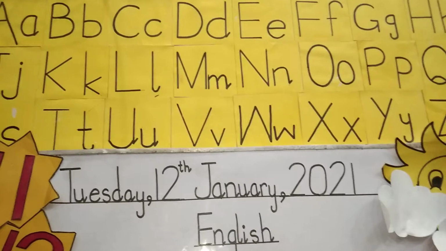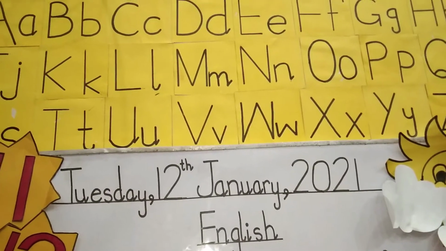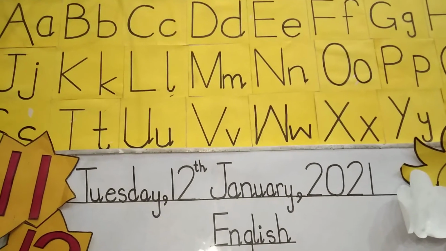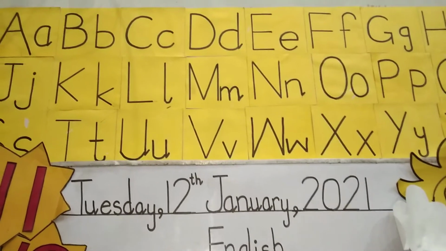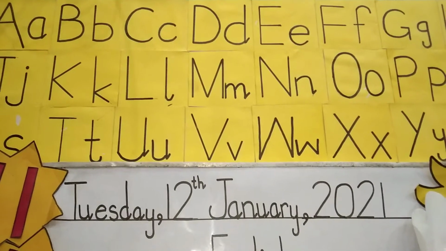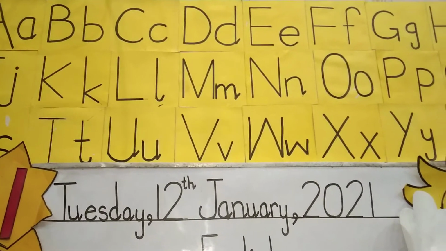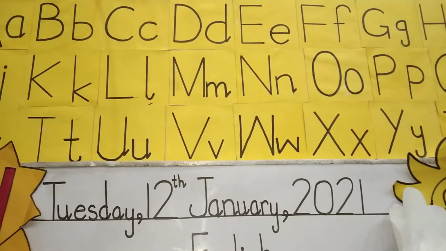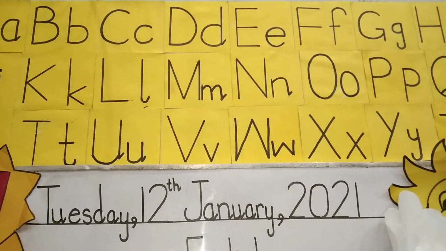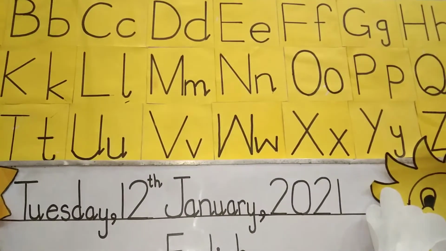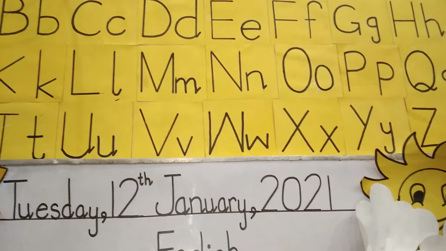Okay, now start phonic sound. A is for apple, apple. B is for ball, ball. C is for cat, cat. D is for dog, dog. E is for elephant, elephant. F is for fish, fish.